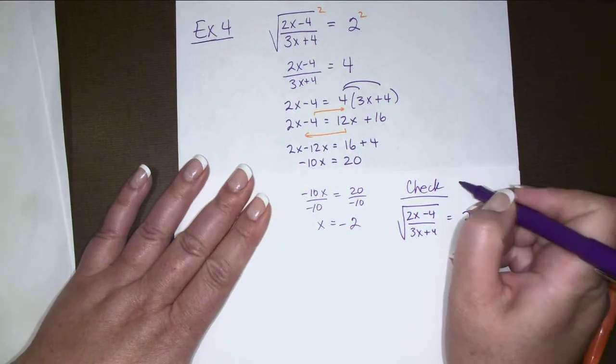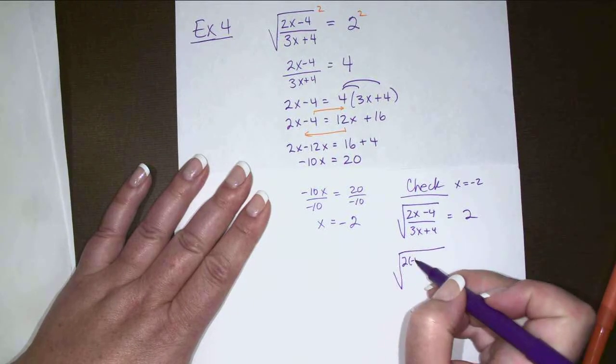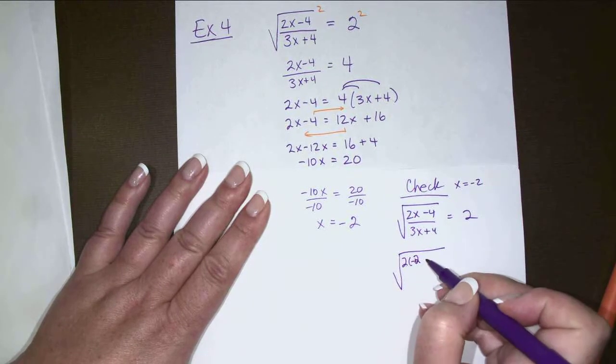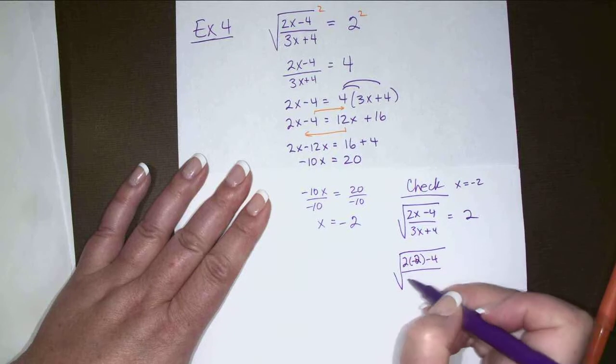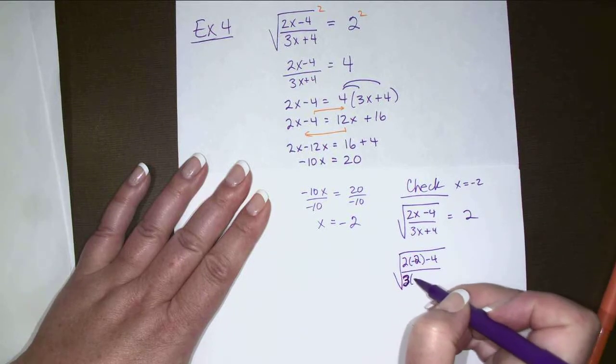So we're plugging in negative 2. 2 times negative 2 over 3 times negative 2 plus 4.